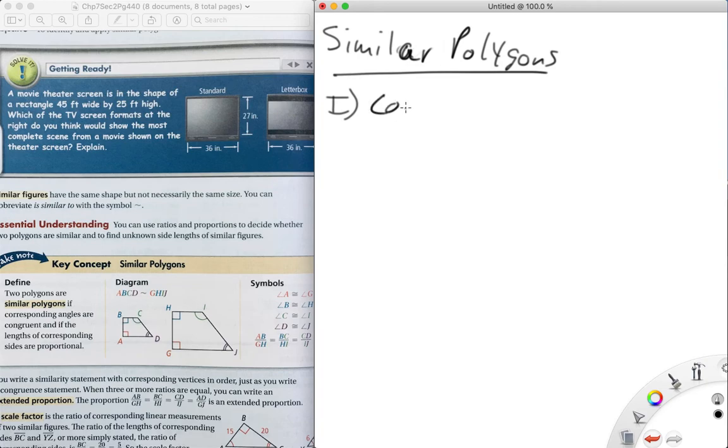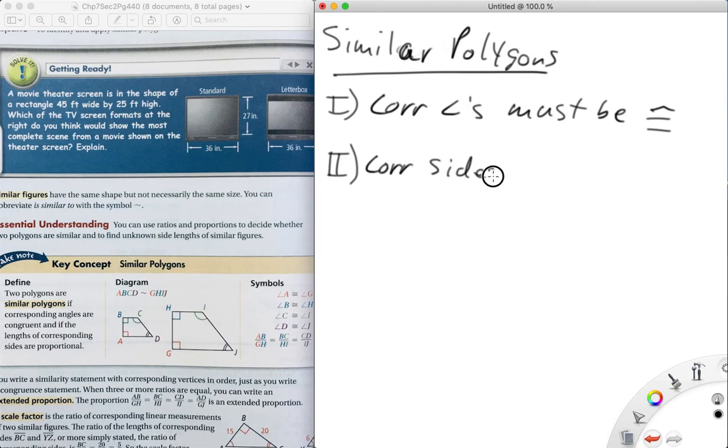So corresponding angles must be congruent. All right, that's one condition. Second condition, and this is all about ratios and proportions: corresponding sides are proportional. Okay. Corresponding angles must be congruent. Corresponding sides are proportional.